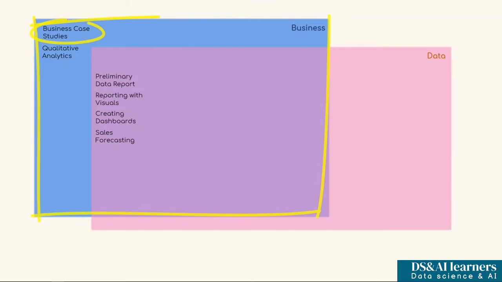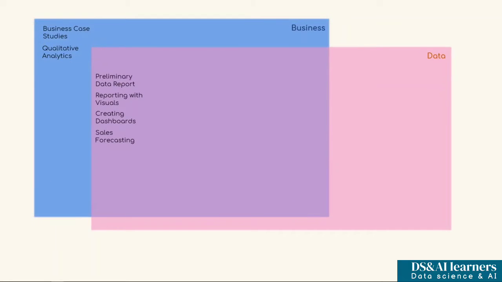Thus, it will remain purely in the blue rectangle. Simple, right? The same can be said for qualitative analytics. As touched upon in the previous video, this is all about using your intuition and the knowledge of the market to help in the future planning process. Perfect! Things are becoming clearer already.